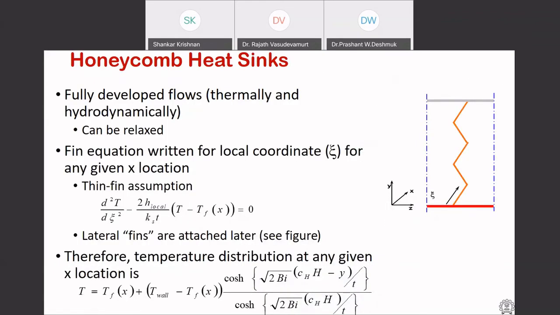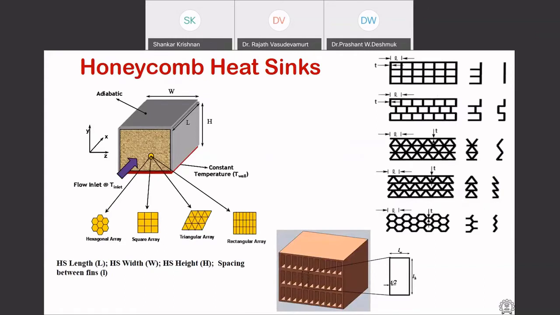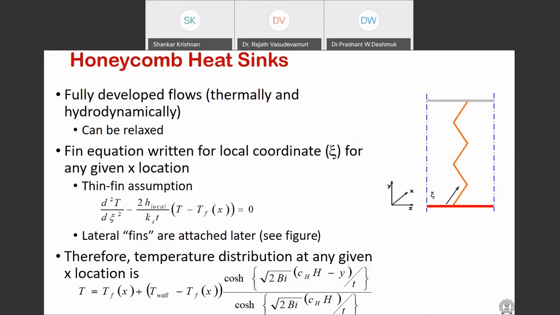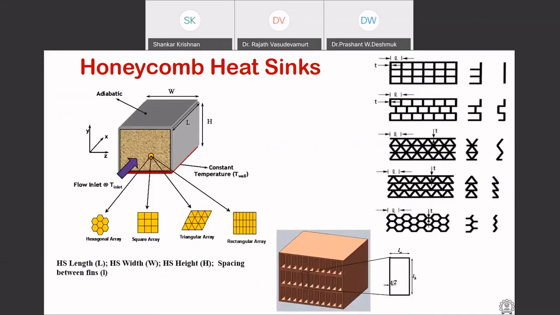So at one look, one gets a picture that this is going to be somewhat complex. However, what one sees is that a very simple fin calculation can be performed to get very good results.